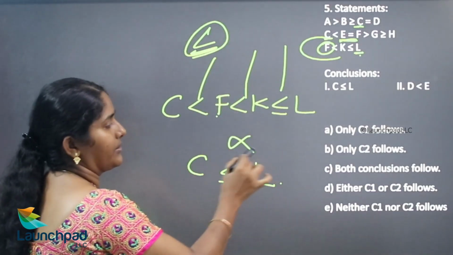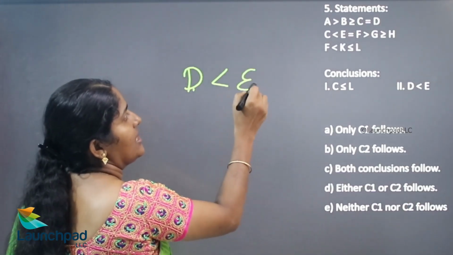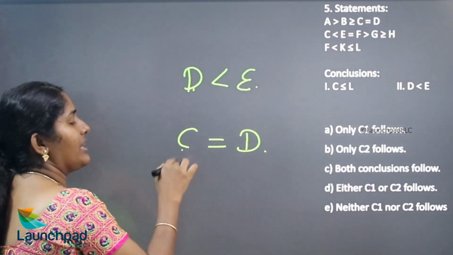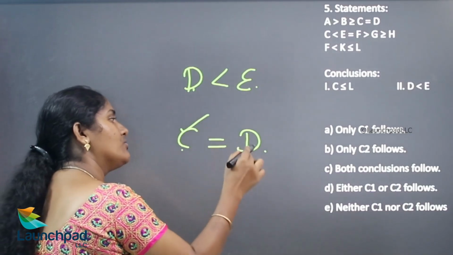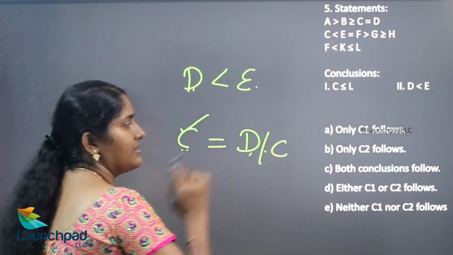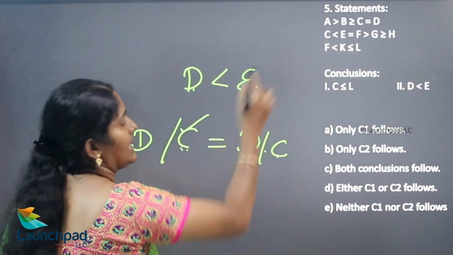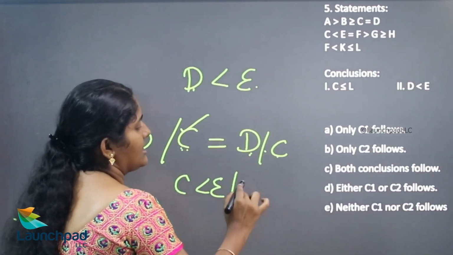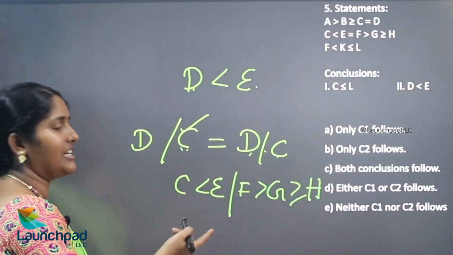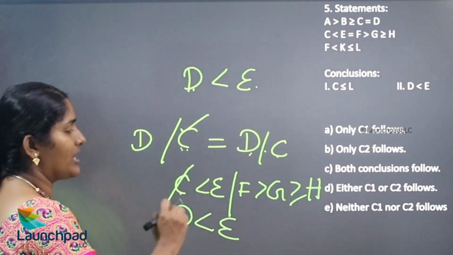So it is wrong. Now we are going to take D less than E. There is one term, C is equal to D. Wherever I can see the variable C, I can use D instead, and if I need C, I can use D for C instead of C for D. So in the second statement, C less than E, F greater than G greater than or equal to H. I want to compare D and E. Instead of C, I can use the variable D. D is less than E. Hence your answer is correct.